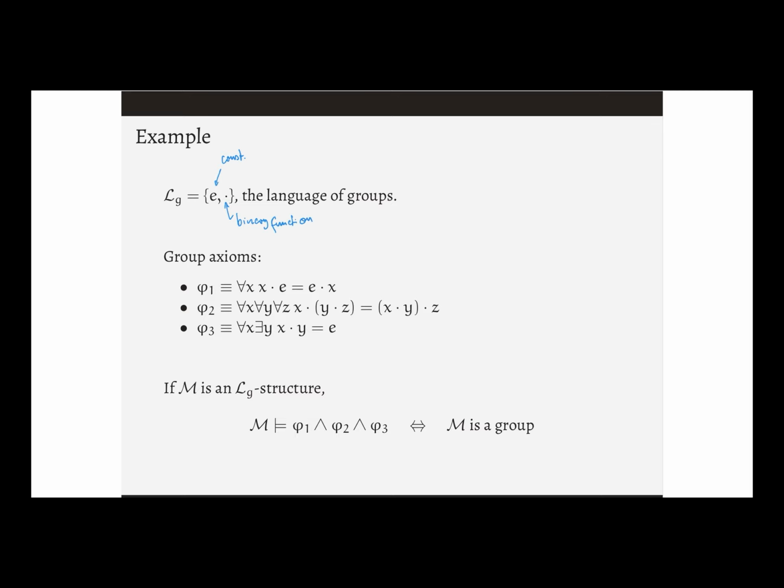In that language, of course, we can formulate the group axioms: the standard axioms about the neutral element, the associativity, and the existence of an inverse. Note that these are all sentences, so there's no free occurrence of any variable here. So now we can just say the conjunction of these three formulas holds in an L_G structure M if and only if M is actually a group.